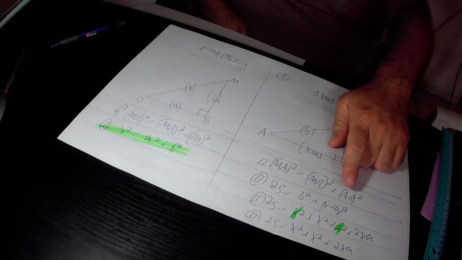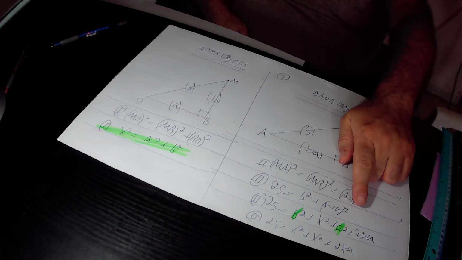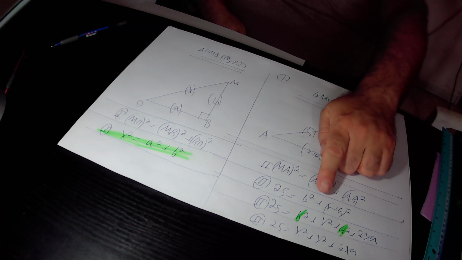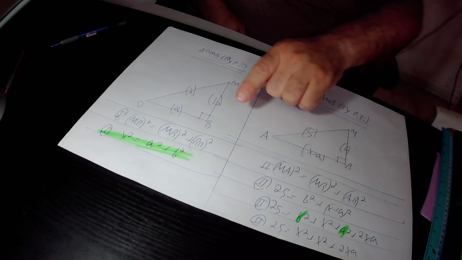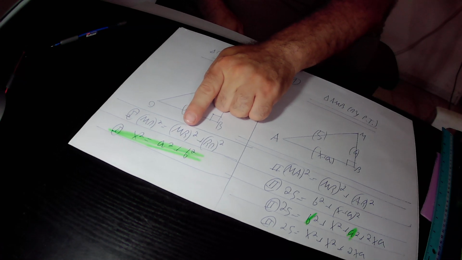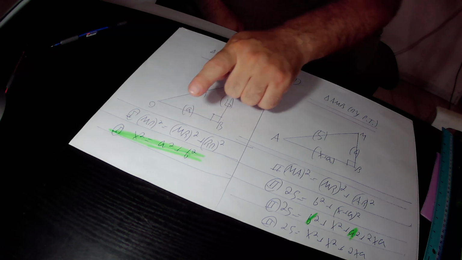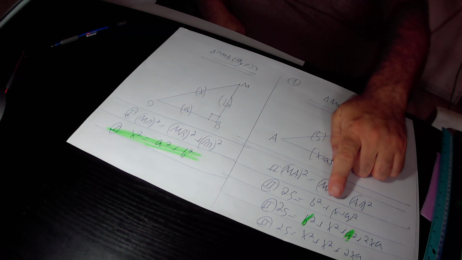x plus A squared equals x squared plus A squared plus 2 times x times A. In this side of equation 2, we have B squared plus A squared, and according to equation 1, b squared plus a squared equals x squared. So we can substitute b squared plus a squared in equation 2 by x squared from equation 1.